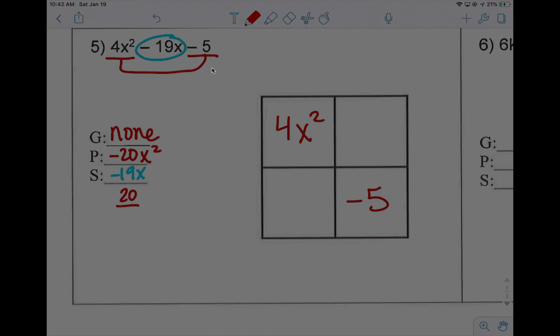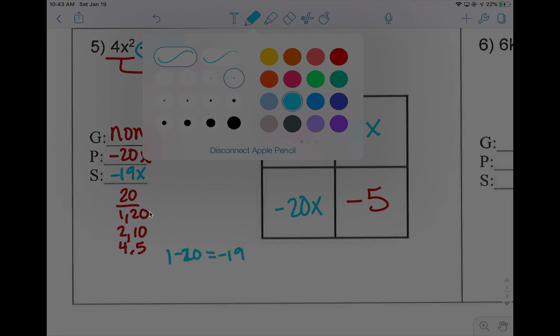So I'm going to write all the factors of 20. 1 times 20, 2 times 10, 3 gets me a decimal, 4 gives me 5. 5 is the next number, but it's already listed, so now I'm trying to get to 19. So if I add, I get 21, 12, and 9. That didn't get me to 19, so let me subtract. 1 minus 20, oh, that's negative 19. So I have a 1 and a minus 20.